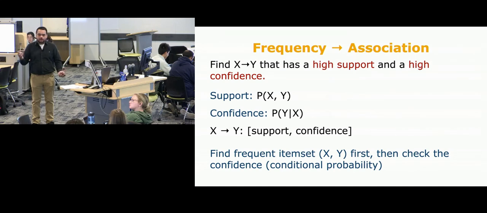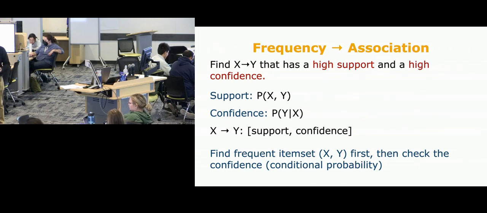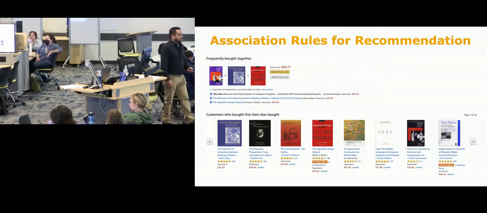As we saw previously, support is just the joint probability of observing both X and Y, and confidence is the conditional probability, P of Y given X. We denote any association rule from X to Y with its support and confidence. What we do is we first find the frequent item sets and then check the confidence. So here were some association rules for recommendations that I previously showed.